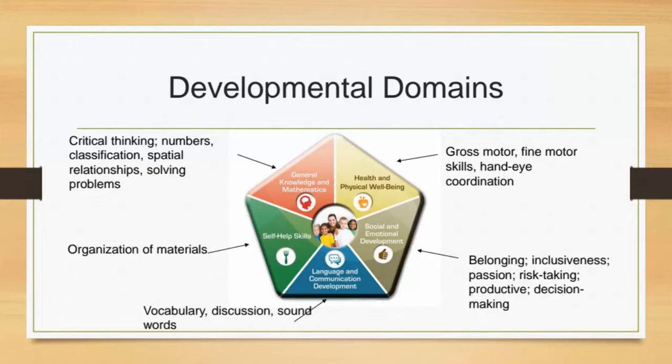So, for example, organization of materials. They have to take the loose parts that they want, and they have to gather them. They have to find a container to put them in, and they have to choose what they want to use, and they have to make decisions. So that's helping towards self-help skills for the toddler or preschool child. And then they're playing alongside other children.